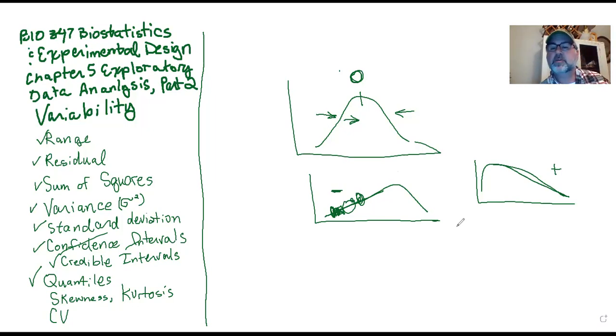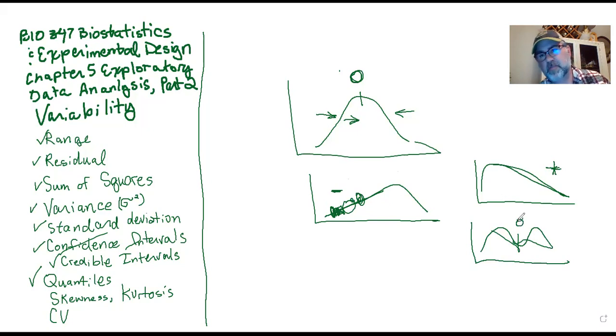And what I want you to know is whether something's positive. When you calculate it, you get a positive number, your data's going to look like this. Negative, it's going to look like this. You can have something wacky like this, but since it's symmetric, it's going to be close to 0.